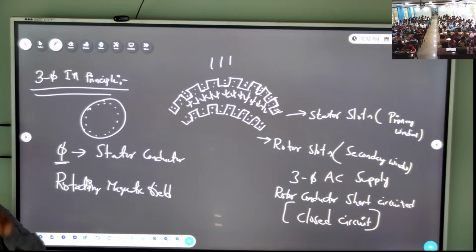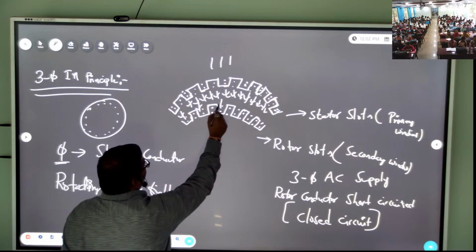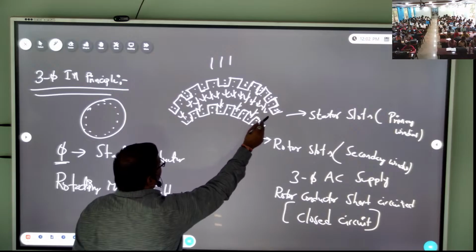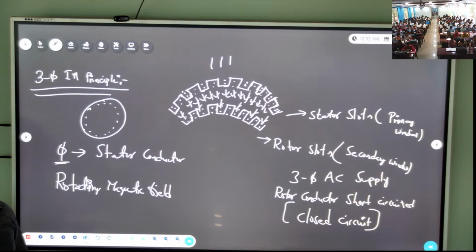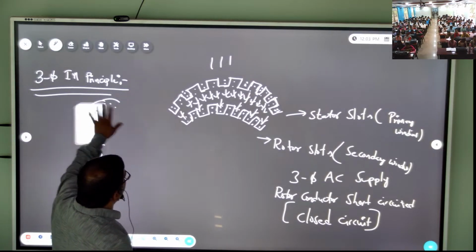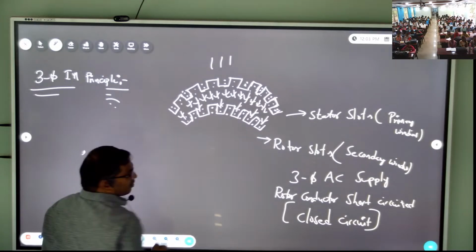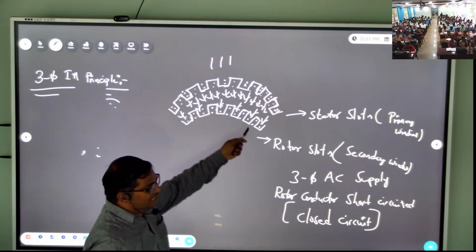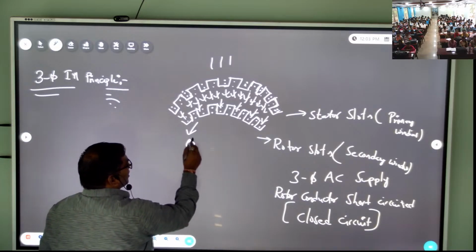This field reacts with the rotor conductors. See, the stator is there, and here the rotor is there. This flux reacts with the rotor conductors. The magnetic field is there, the rotor conductors are there, so here also flux is established.